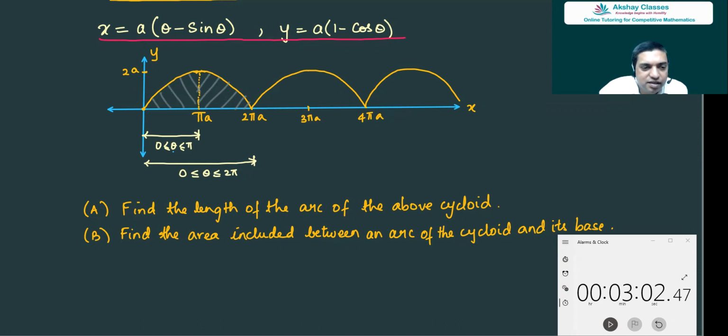The integral is easy, at least the length of the arc. How many of you got the arc length integral? Please raise your hand. No, the answer given is wrong.